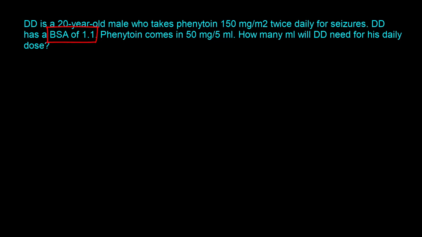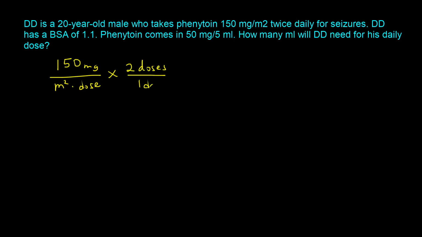So what we need to do is make sure we know what the daily dose is for DD. Because we have been given 150 milligrams per meter squared for each dose. And now DD takes 2 doses every day.